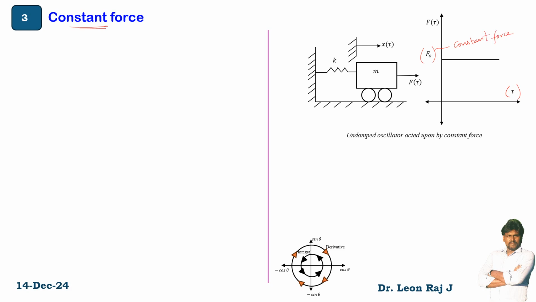In the first lecture itself, I told you that in reality, obtaining a constant force is impossible, but still we assume the force is constant. M is the mass of the system, k is the stiffness of the system, x of tau is the response of the system, and f of tau is the applied force.